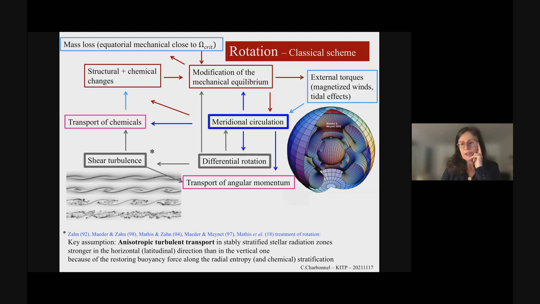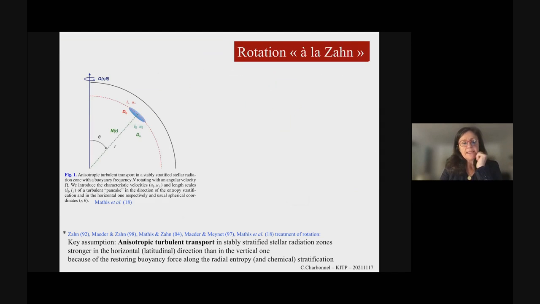The key assumption here is that the anisotropic turbulent transport is stronger in the horizontal direction than in the vertical one because of the stratification within the star. So this is a scheme that shows you the vertical and horizontal turbulence, which is highly anisotropic.